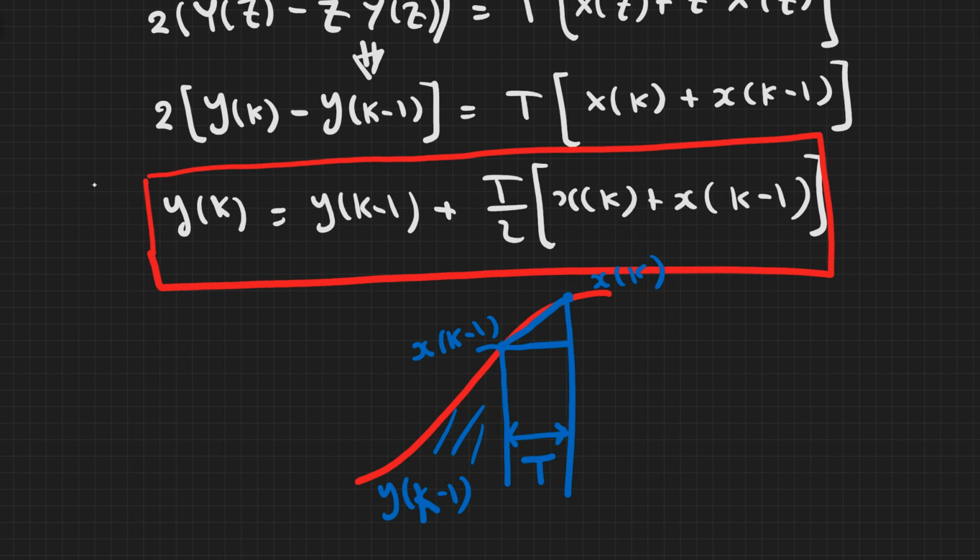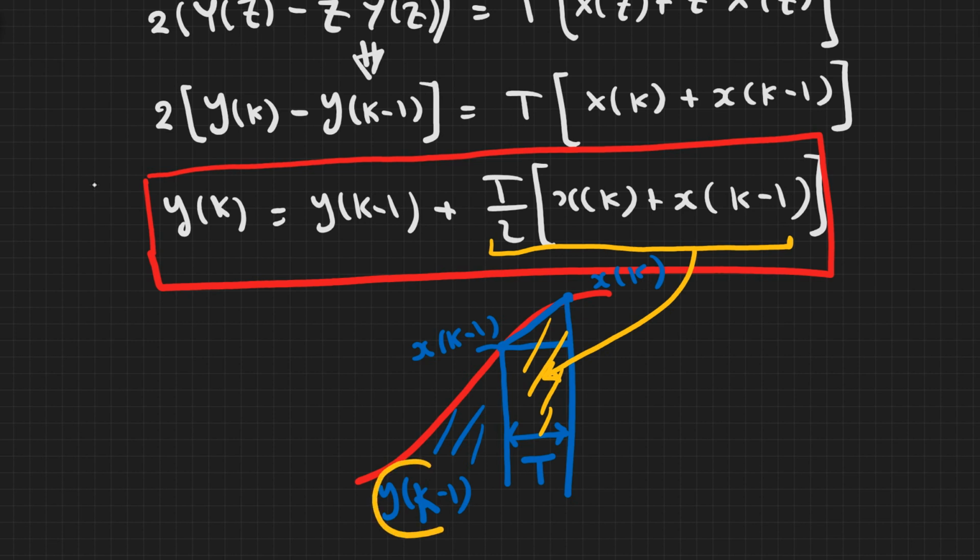You can easily show that the area of this trapezoid is indeed this term. So this is the area of the trapezoid, and you add to it the previous area, so you are indeed performing a recursive trapezoidal integration.